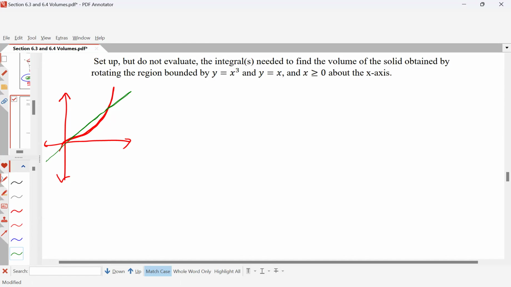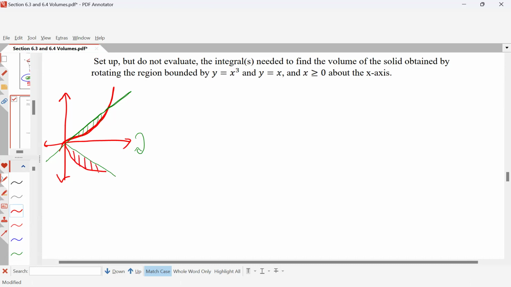So this little area here is repeated to the left of the y-axis, and we're not caring about that when we rotate about the x-axis. So we get a reflection when rotating about the x-axis.